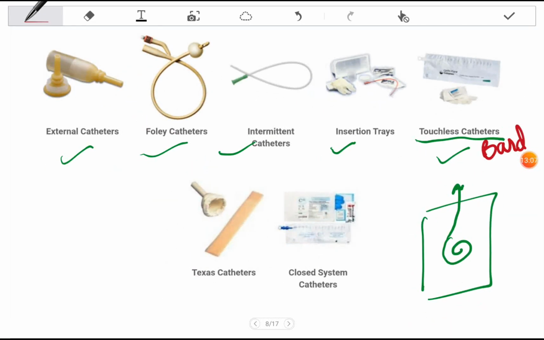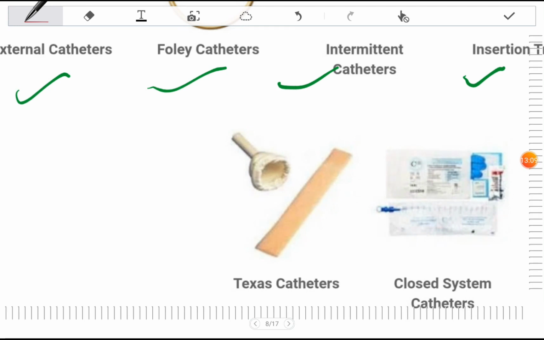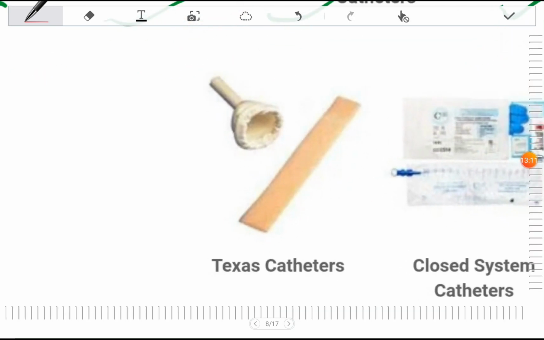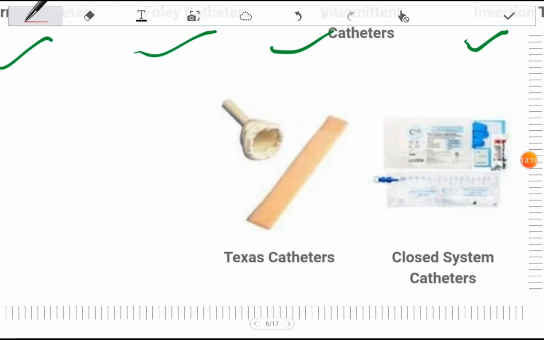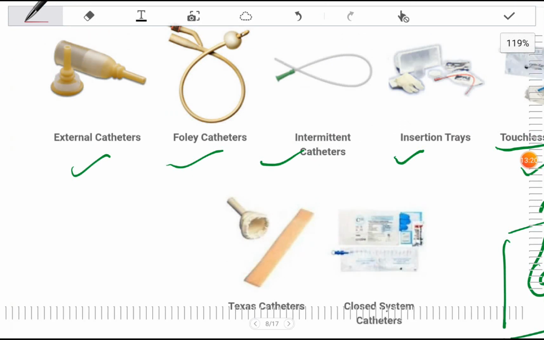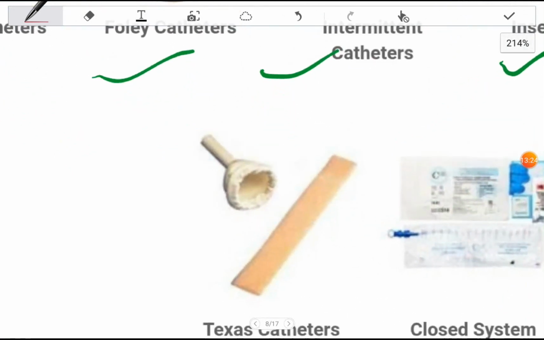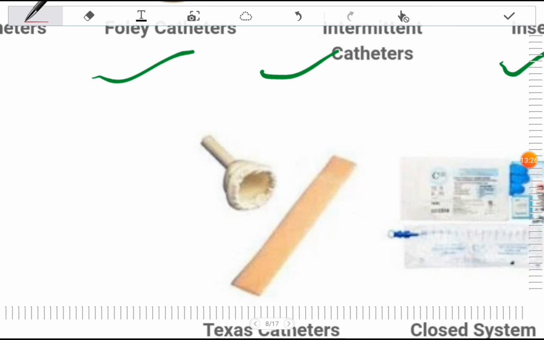Then are Texas catheters. These are used when indwelling is not possible. Indwelling means putting the catheter into the bladder is not possible because of any obstruction or such thing, but a surgical procedure is also not required.